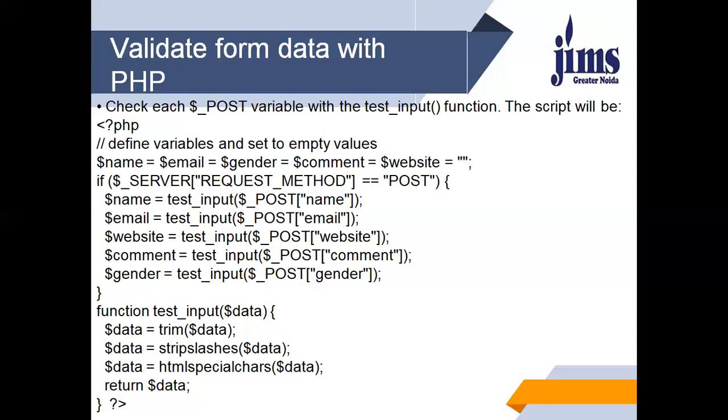And the next step is to create a function that will do all the checking for us, which is more convenient than writing the same code over and over again. We will name the function test_input. Now we can check each $_POST variable with the test_input function. The script will look like this.